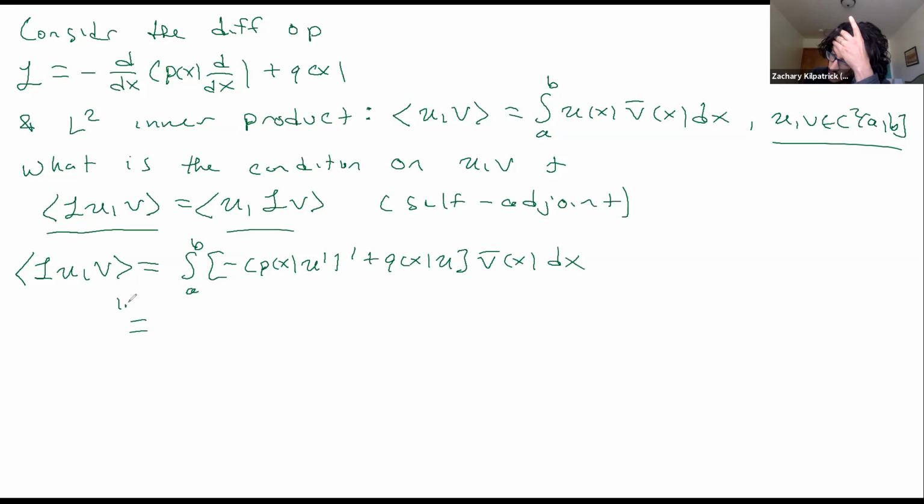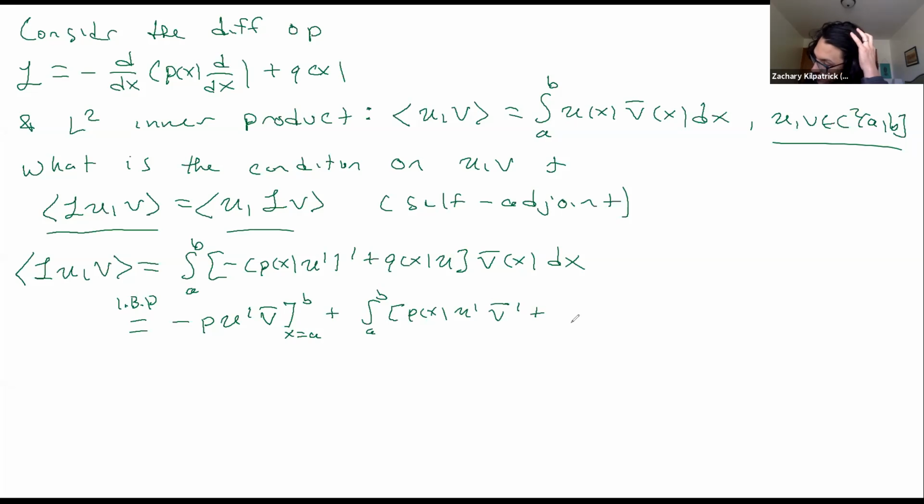If I integrate by parts, I'm left with boundary terms, which are minus p u prime v conjugate evaluated between x equals a and x equals b, plus the integral from a to b of p of x u prime v conjugate prime plus q of x u v conjugate dx.